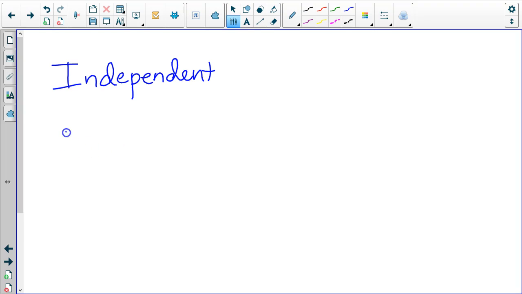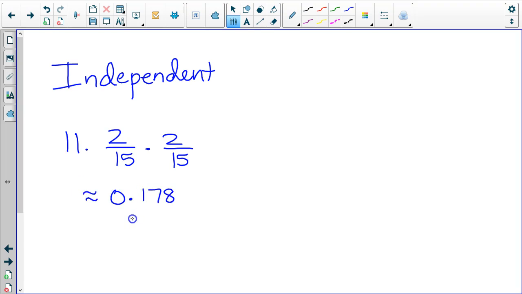All right, so number 11. How many D's if you replace it back? 2 out of 15 times 2 out of 15. So you get 0.178. Approximately. It means it's not perfect. Approximately. Okay, 12.